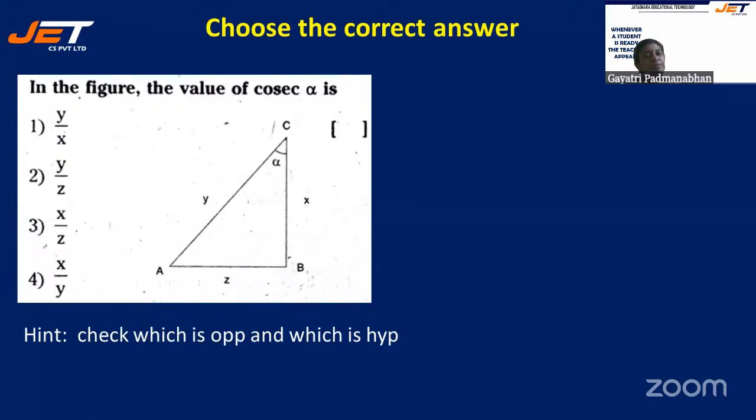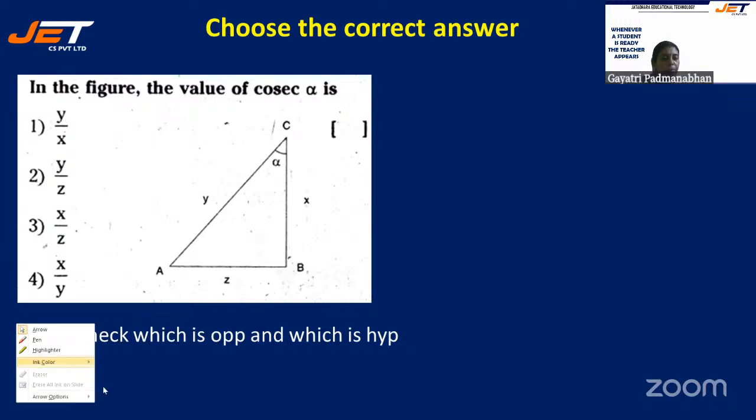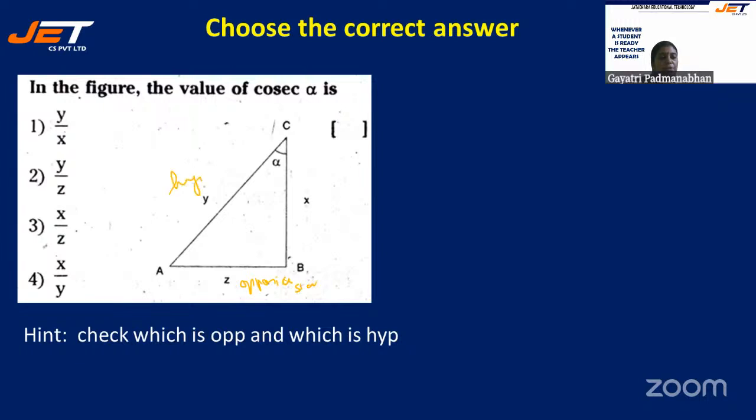In the figure, find the value of cosecant alpha. Right? So what is cosecant? Alpha here is nothing but degree. So always opposite to your theta, not degree. Theta is nothing but your opposite side. So this is your hypotenuse.